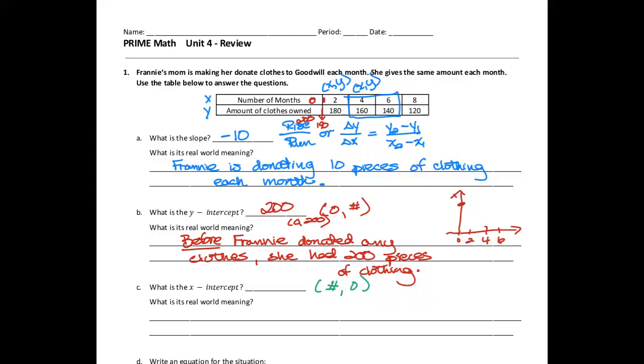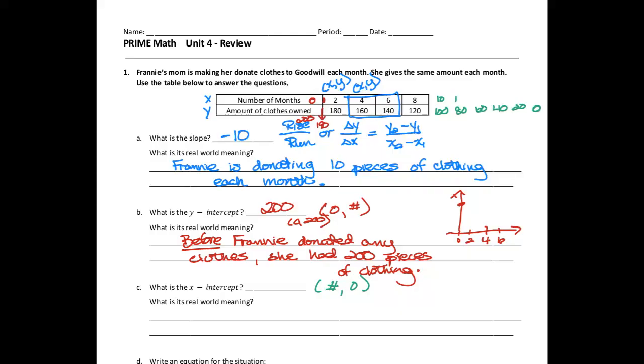If I kept continuing on here, 140, 120, and then 20 more would be 100, 80, 60, 40, 20, and 0. And that's what I want. I want that to be a 0.